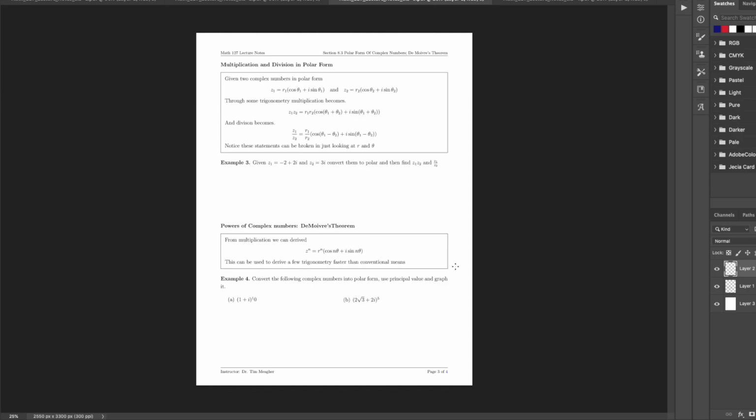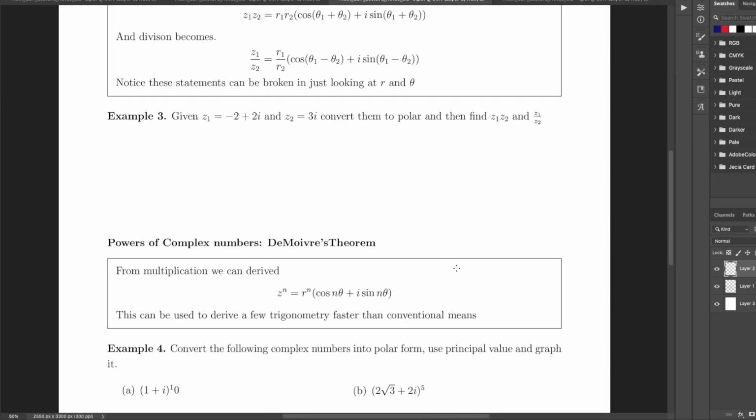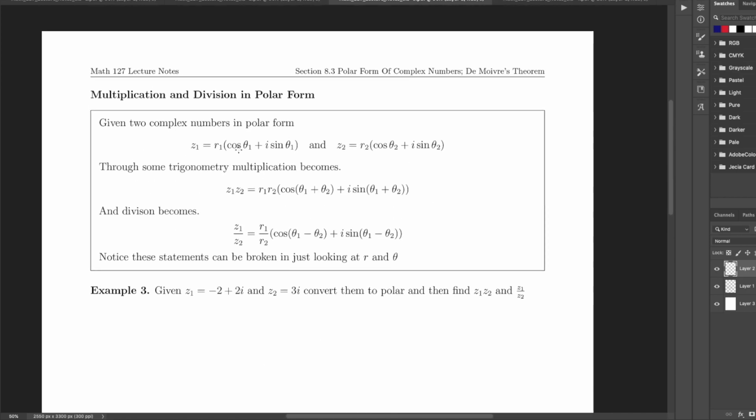Alright, so let's go to multiplication. So why do we put stuff in polar form? Well, the reason we put stuff in polar form is all of a sudden things become real easy. So given two numbers in polar form, I have z1 with an r1 and a theta 1, and a z2 with an r2 and a theta 2. If I multiply them, through some trigonometry, multiplying just means I'm multiplying the radiuses together and adding up the angles.